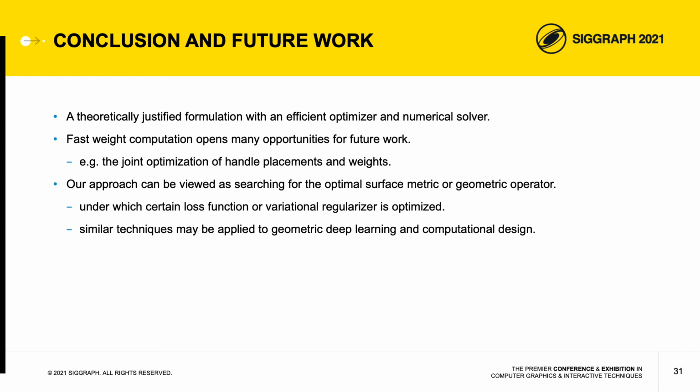Fast weight computation opens many opportunities for future work, such as the joint optimization of control handle placements as well as the weights. While our method is designed for a concrete problem of variational weight computing, this approach potentially can be used for a large range of applications.